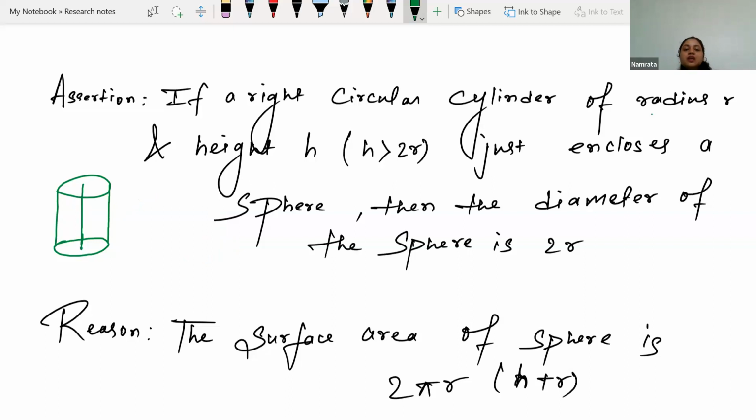So if a right circular cylinder of radius r, here the radius of this cylinder is r, and height h, the height of this cylinder is h, just encloses a sphere. This cylinder is enclosing a sphere. How does a sphere look? Let me draw it here.